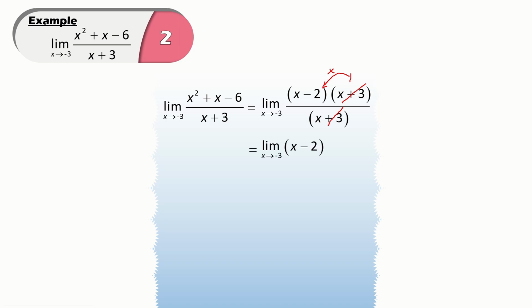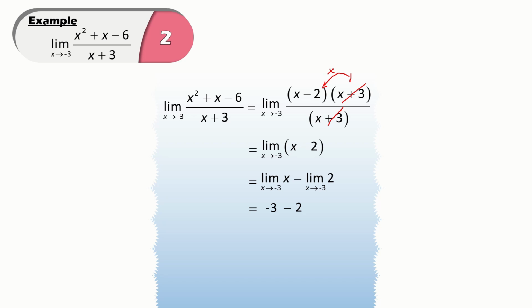Then, take the limit using the sum and difference property. We have the limit of x as x approaches negative 3, subtracted by the limit of 2 as x approaches negative 3. Next, the limit of x as x approaches negative 3 is negative 3, and subtracted by the limit of 2 as x approaches negative 3, which is 2, using the identity and constant properties respectively.